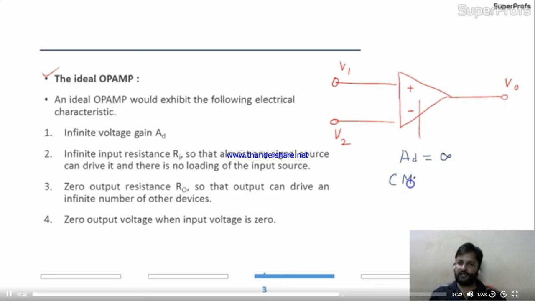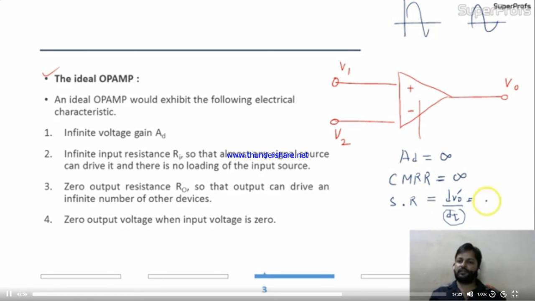What about CMRR? CMRR should be infinity. What about slew rate? Slew rate is dV0 by dt. With the minimum time there will be a change in output, meaning your circuit should be very fast. You apply the input and suddenly the output should change. So in 0 time the output should change, so 1 by 0 is again infinity.